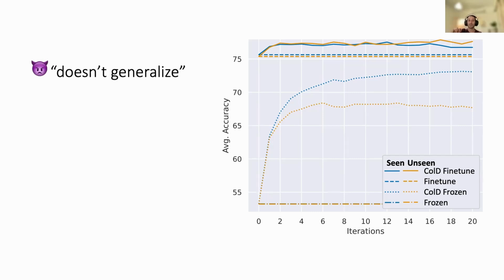Because what we see here is that our unseen data sets are not tested with 0 shots. What we test here is fine-tuning. So basically we give the model data and train on it.